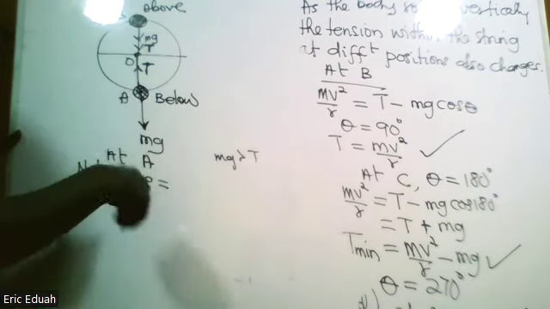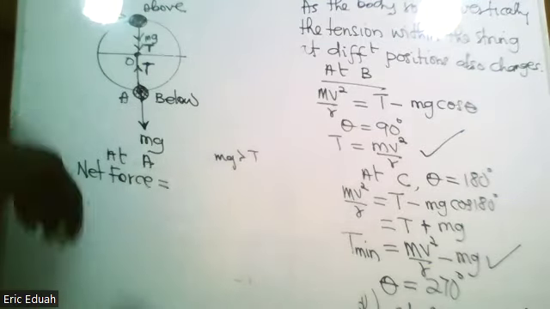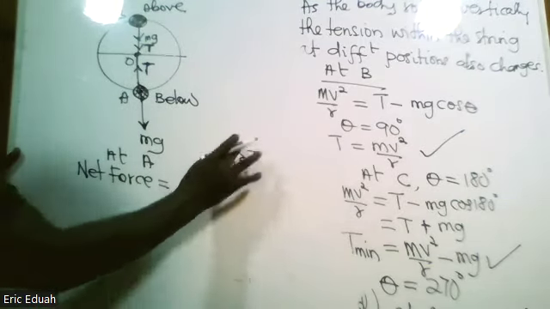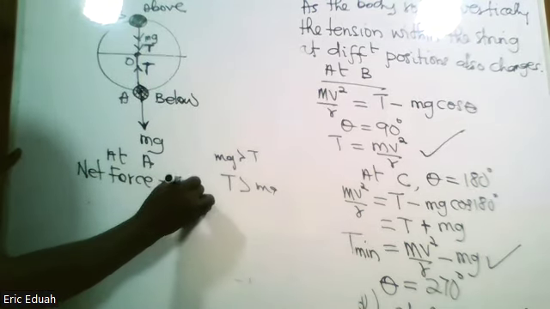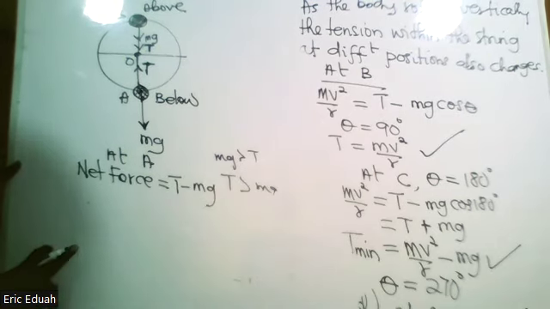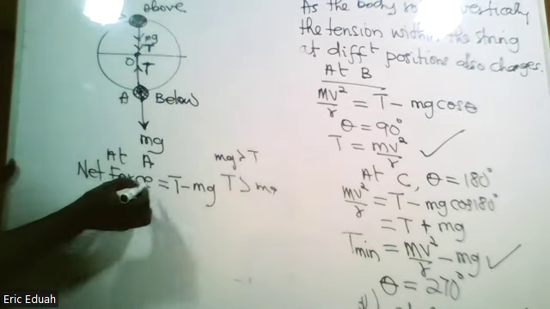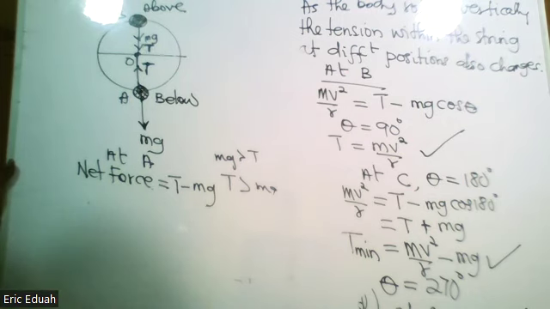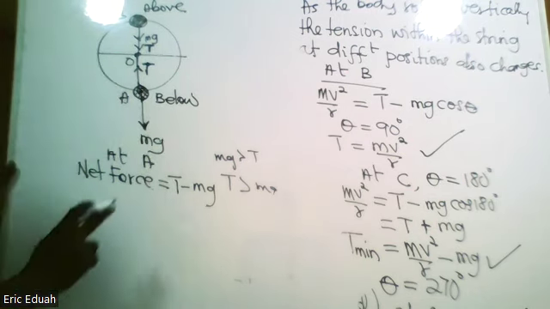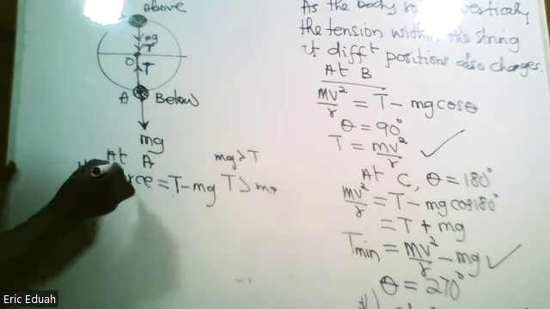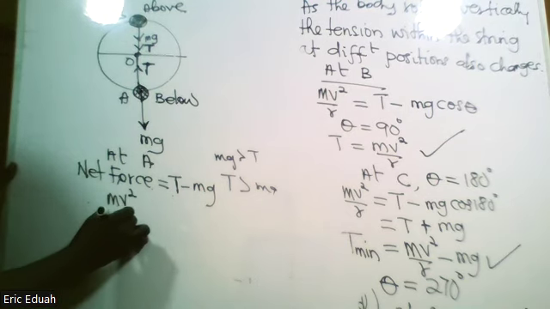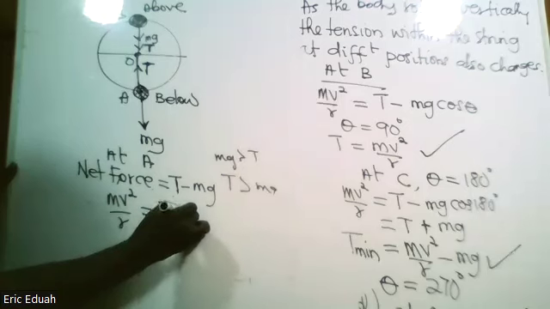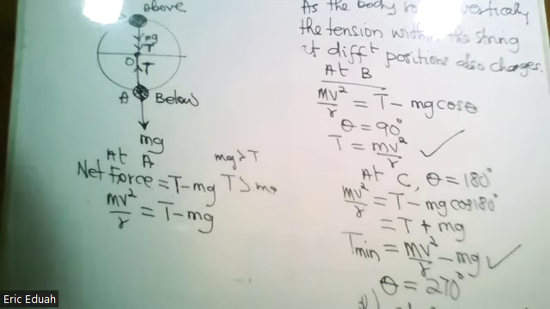So once it is expected to oscillate vertically, then T must be greater than mg. Therefore, the net will be T minus mg. And the direction of the net force always takes the direction of the larger force, T. And because the net force is directed towards the center, mv squared over r is equal to T minus mg. So that is another way of obtaining the same relation.